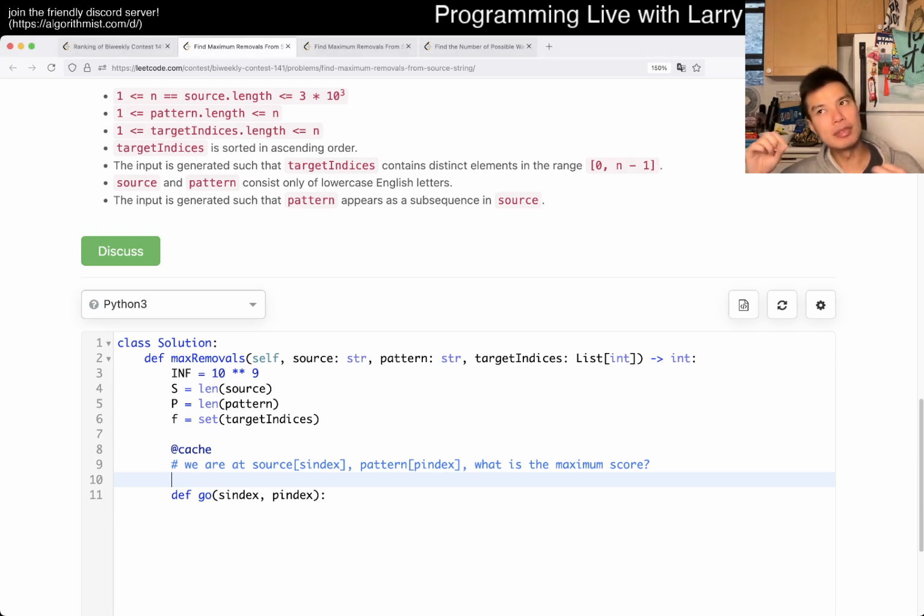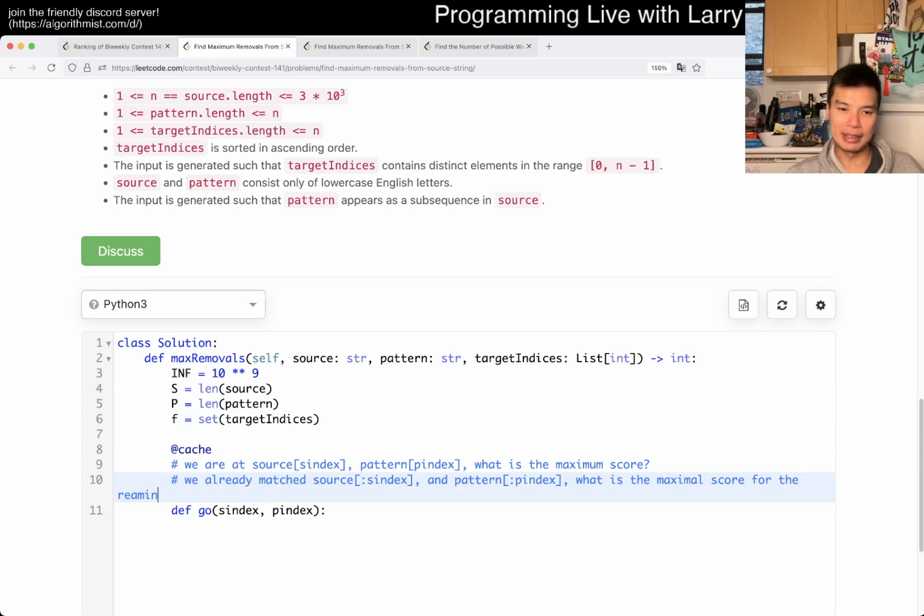This doesn't really convey all the ideas that we have, right? Another way to write this would be, we already matched source of up to S index and pattern of P index. What is the maximal score for the remaining indexes, right?